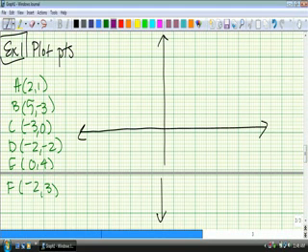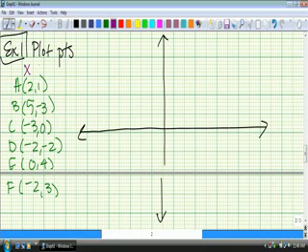At the origin. We always start at the origin, okay? Now, the first number in the parentheses, is that an x value or a y value? That's an x, okay? And the second number is always the y. So the first number tells me how many I'm going to move left or right. The second number tells me how many I'm going to move up or down.